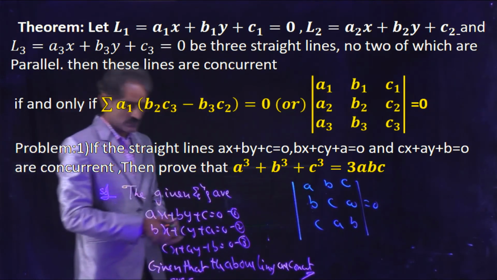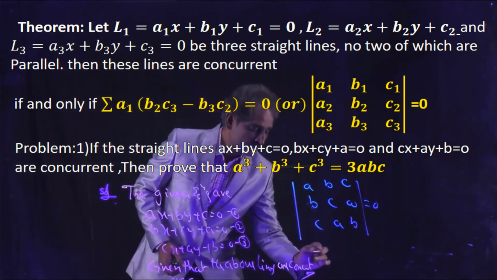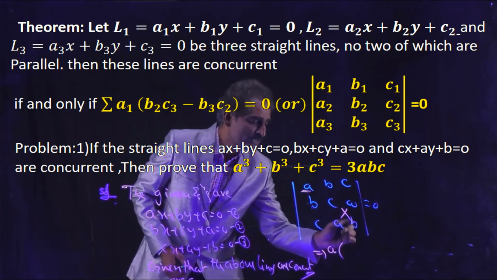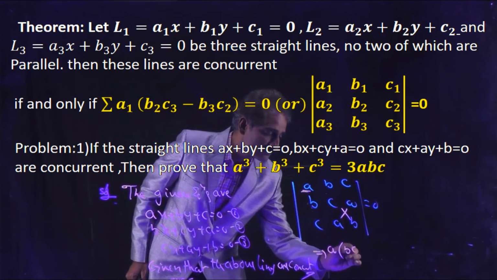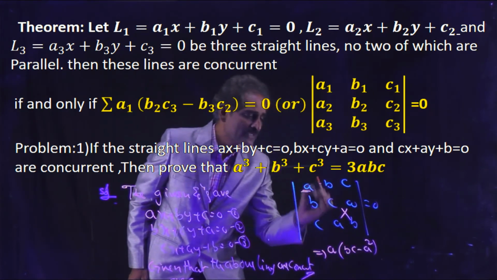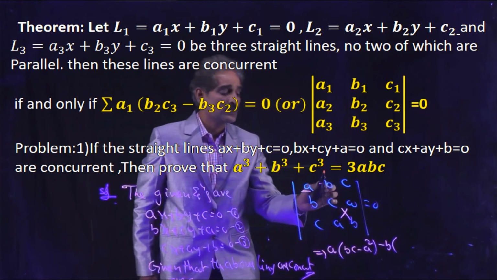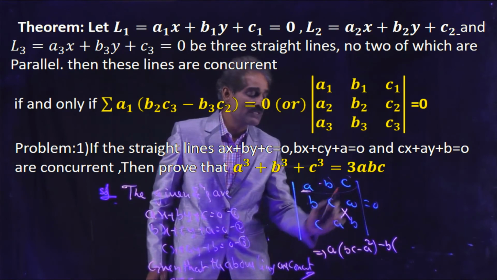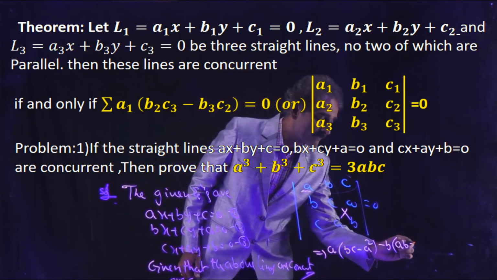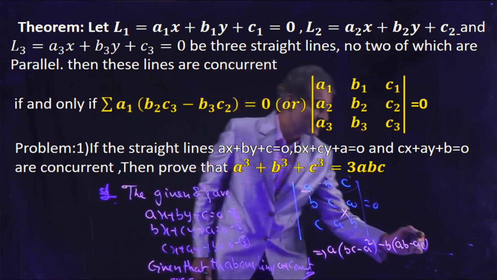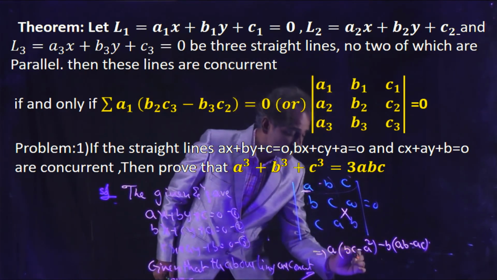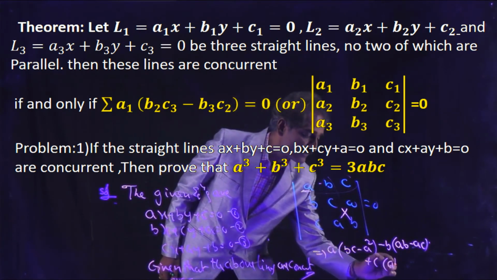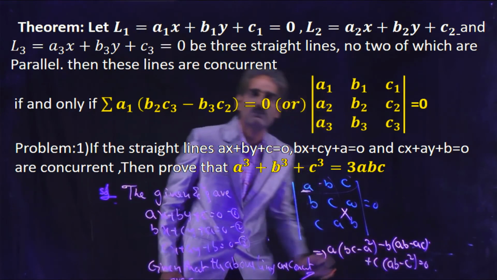That's the result. Now expand the determinant: A into (BC minus A square), minus B into (AB minus AC), plus C into (AB minus C square), equal to 0.